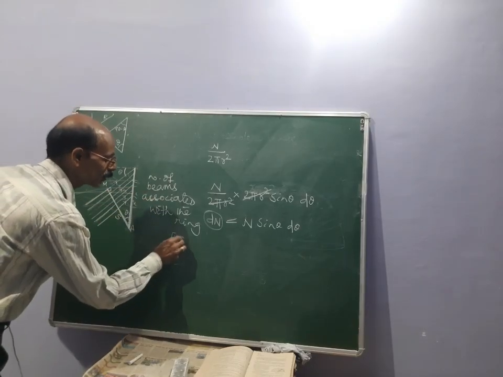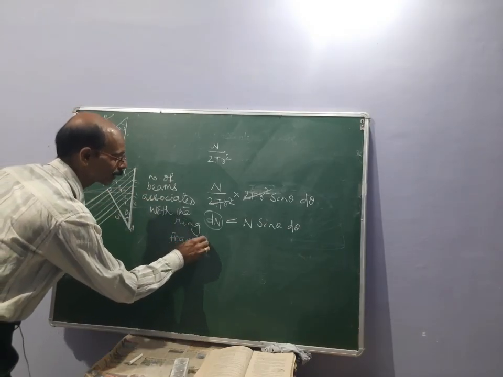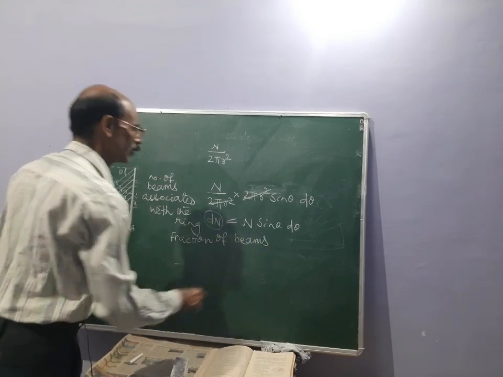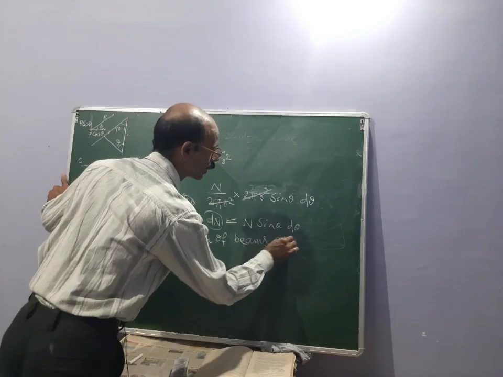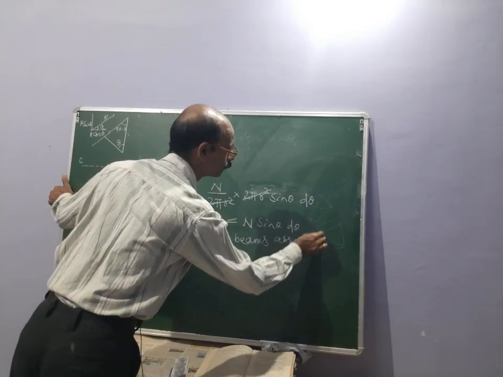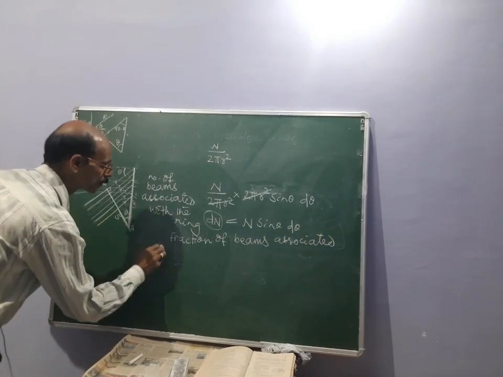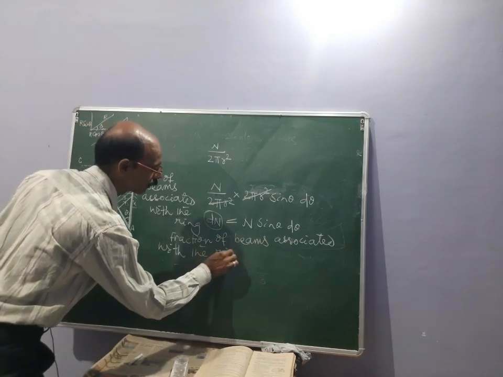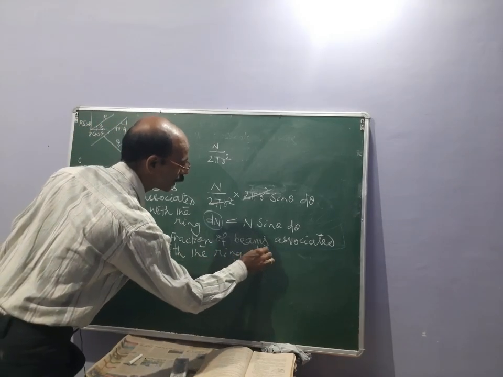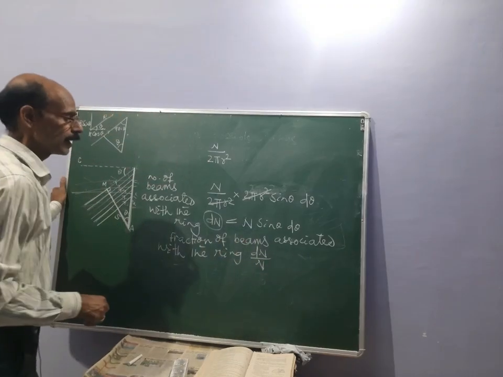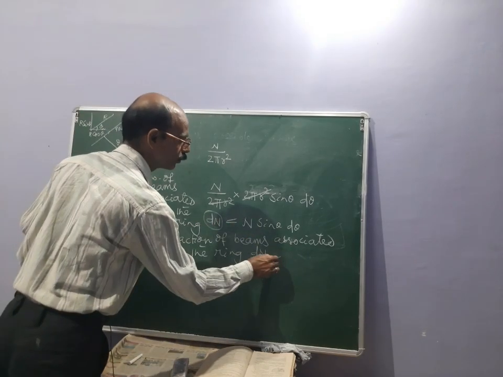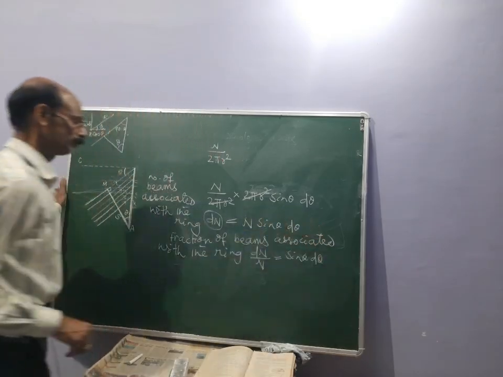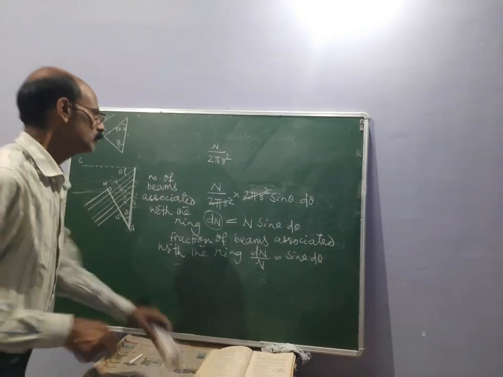So the fraction of beams of radiation associated with the ring will be dn by n, and this dn by n will give us sin θ dθ.